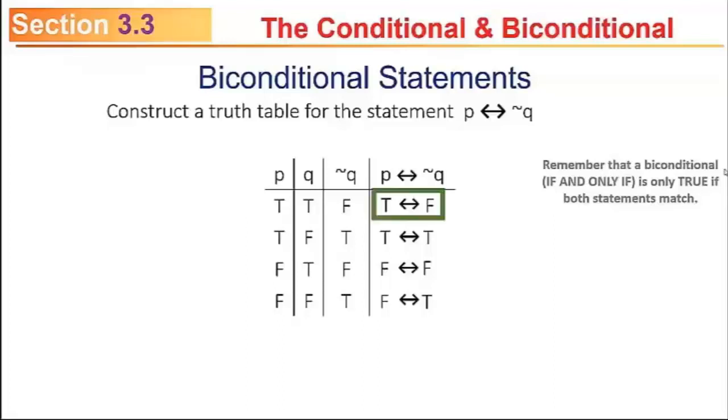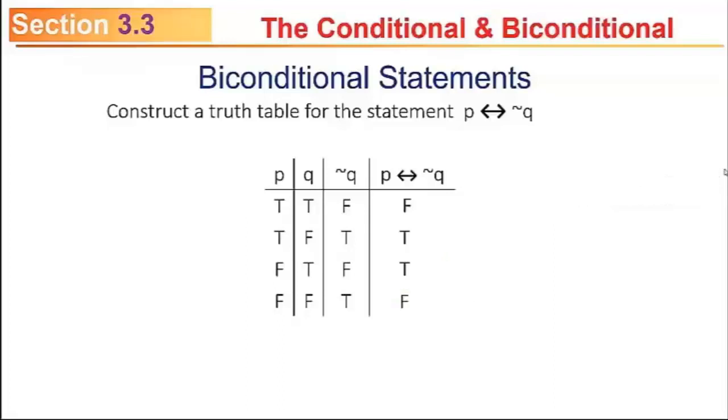So you go down and scan for matches. True if and only if false is not a match, so that's false. True if and only if true is a match, so it's true. False if and only if false is a match, so that's true. And false if and only if true is not a match, so that's false. And there's your truth table.